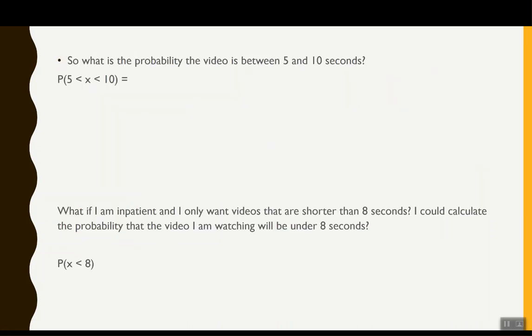If I want the probability that my video is between 5 and 10 seconds, I would be taking the integral of my function from 5 to 10. My function was 1 over 900 times x squared minus 15.